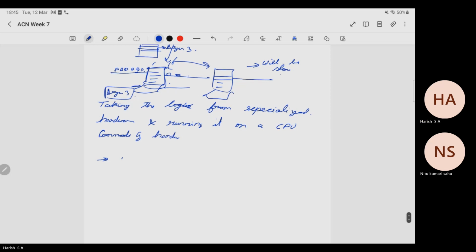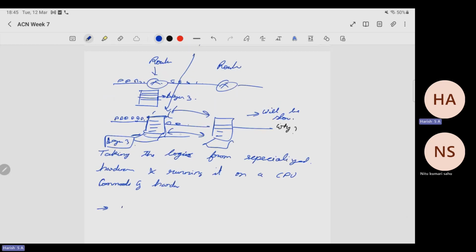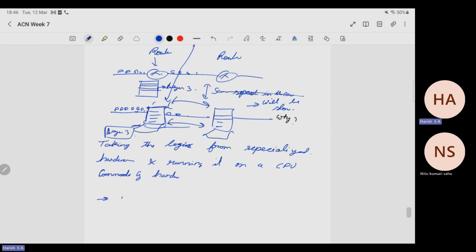Why will it be slow? Because this hardware is not specialized for packet processing. Right? It's a normal CPU. And the CPU is designed to do many things other than packet processing also. So you will not get the same speeds in this case.